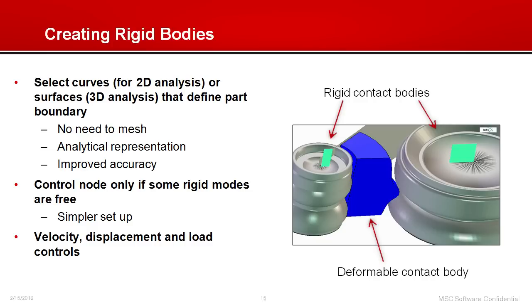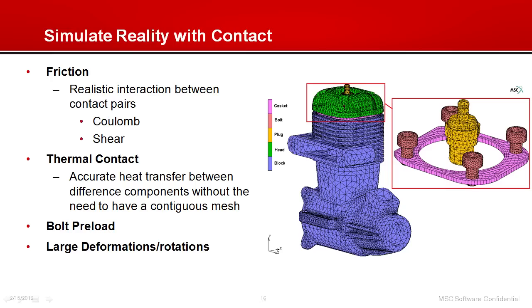And the rigid contact bodies can be velocity, displacement, and load controlled. So the loading can be in the form of the rigid body moving towards the deformable contact body and so on.